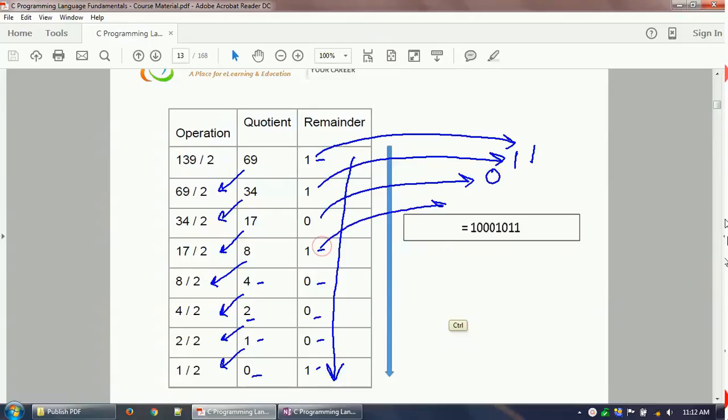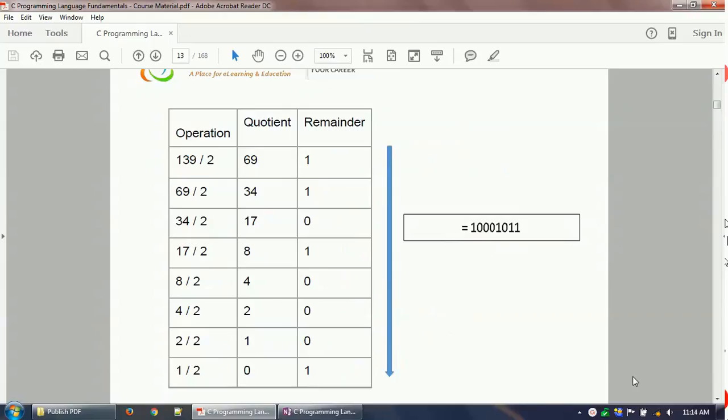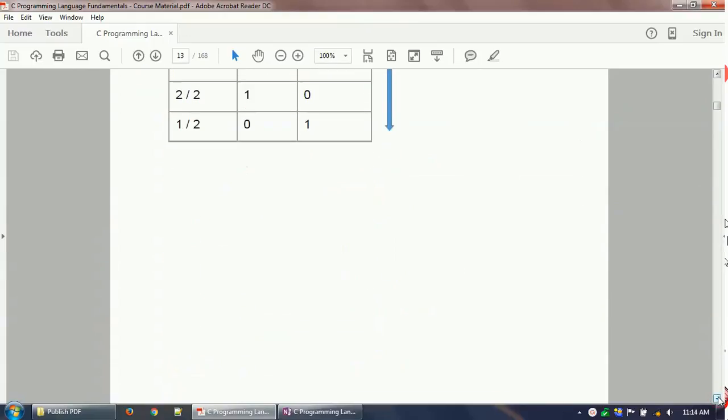Then this one is a 1, this 0 is a 0, then another 0, another 0, and another 1. So this is our data: 1 0 0 0 1 0 1 1. This is how you convert a decimal number to a binary number. So that is how things are done.